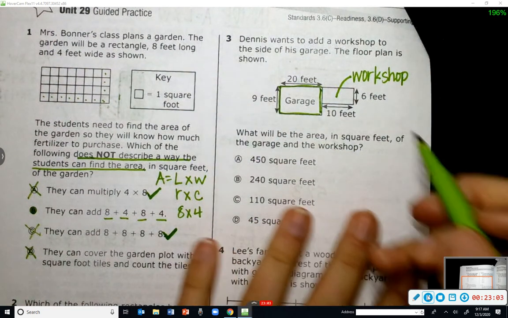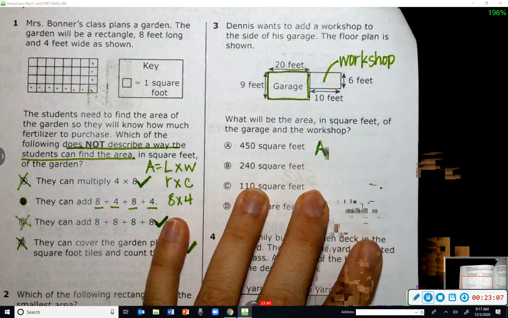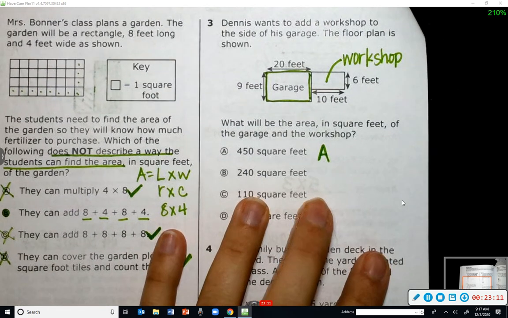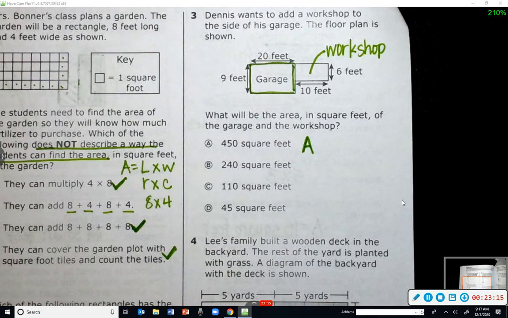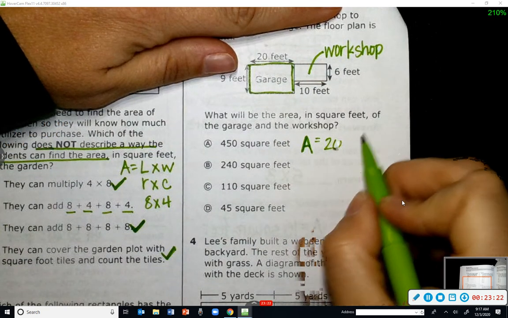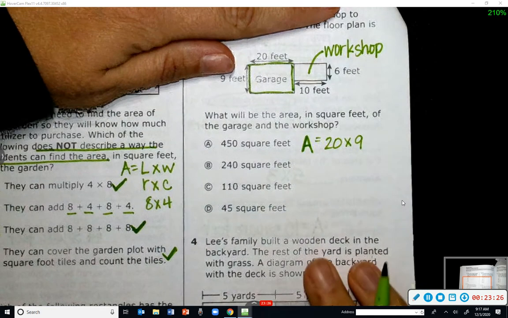So let's do the garage first. How would I find the area of the garage? Kelsey? You would do 20 times 9. Good. Okay, let me show you a trick.